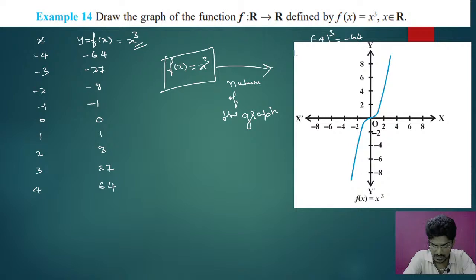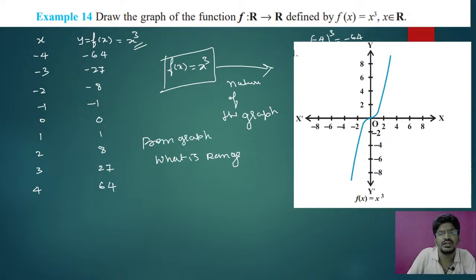So if you understand the nature of the graph, by looking at the graph, quickly tell me what is the range. Quickly tell me, anyone. You have to see the graph and tell me the range.